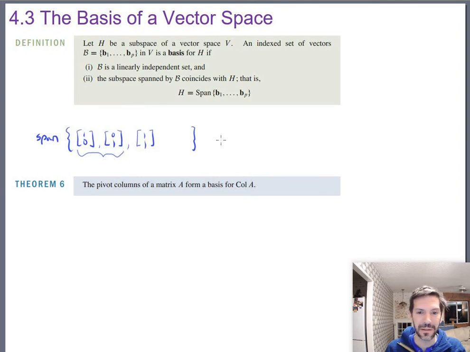Again, this is exactly the same thing as talking about the column space of 1, 0, 0, 1, 1, 1. Null space will be a little bit different, but column space and span are two of the three types that we're going to look at in this section, and really column space and span, exact same idea. And we'll deal with null space a little later.